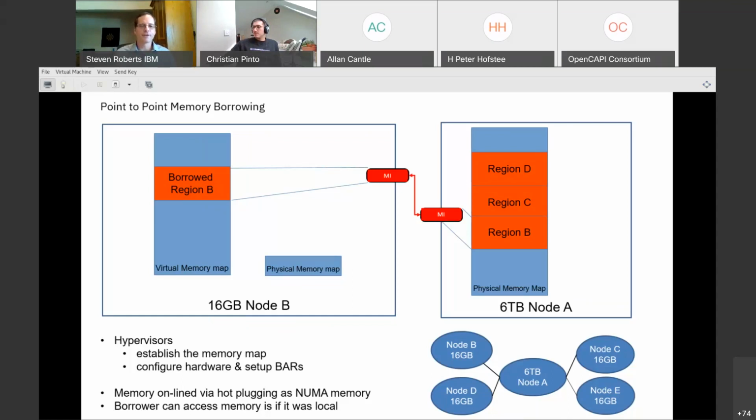So that makes it a fairly simple setup in terms of usage, and the consistency model is exclusive to node B in this example, right?